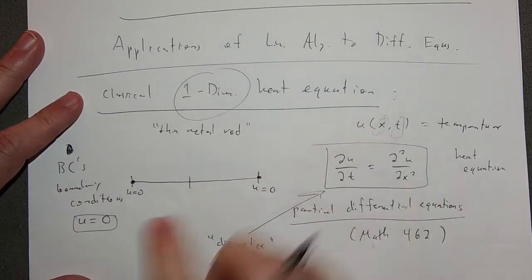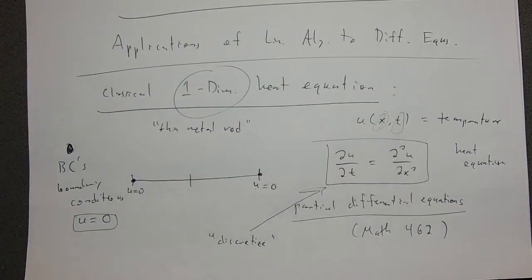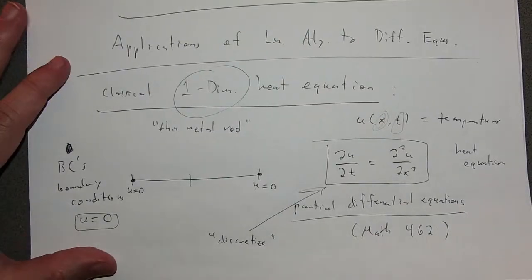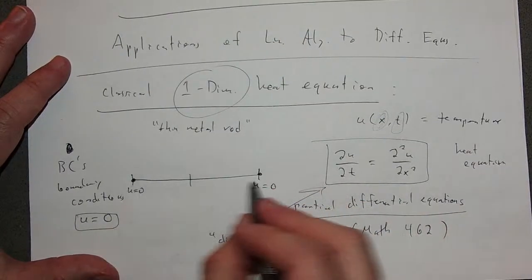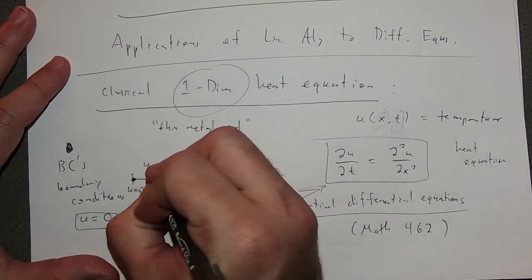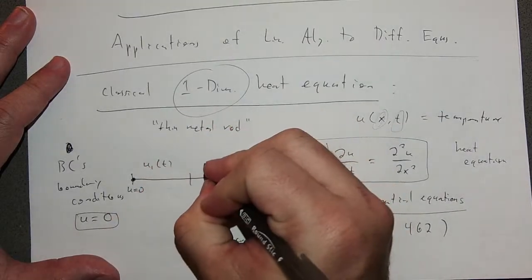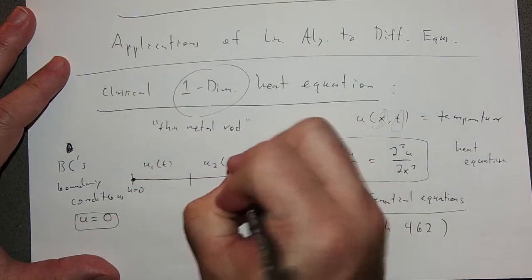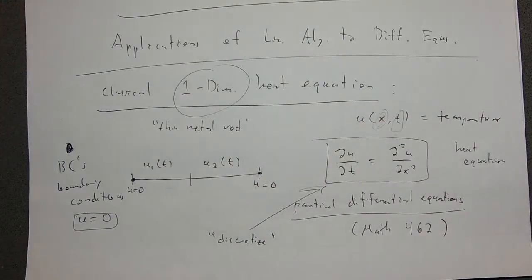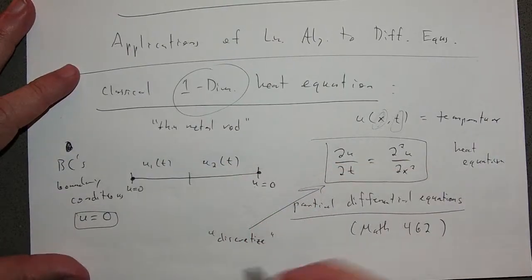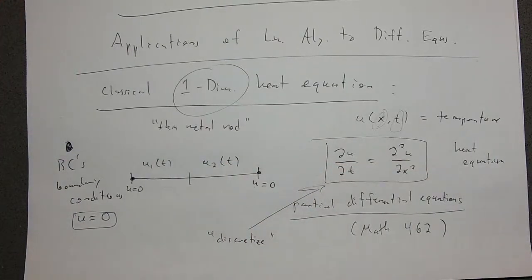Now I could split it into more pieces, but just to get this process started, I'm going to begin with two. I'm going to take those two pieces and label the temperatures on those U1 and U2, so that if I'm splitting it into n pieces, n is equal to 2 in this way.